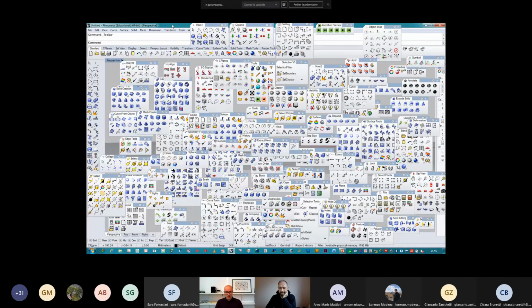But as a student, I discovered this. It was Rhino 1. This is not a screen capture of Rhino 1, but at that time it was Rhino 1. And in Rhino, you have all of these icons, and you say, oh my God, what's all this about?